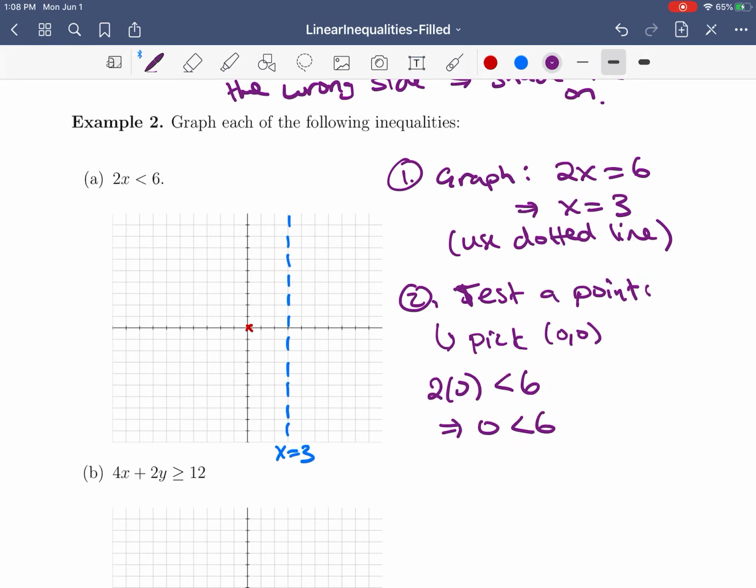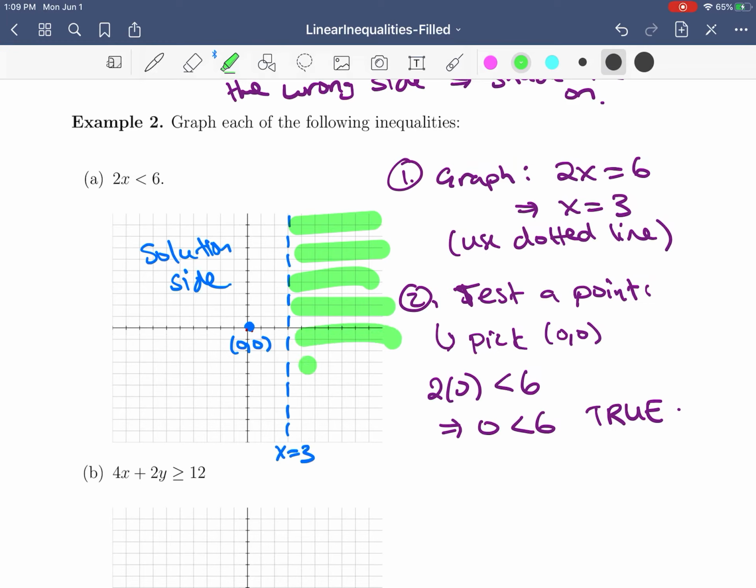So that means that 0 is less than 6. Okay, so this is true. So that means that the side with the point 0, 0 is the solution side. So what I'm going to do is shade the other side. Okay, so this side is not a solution.